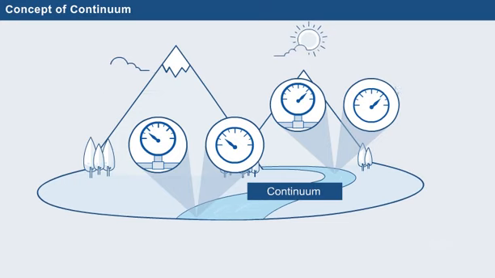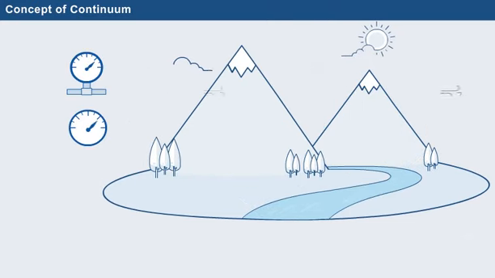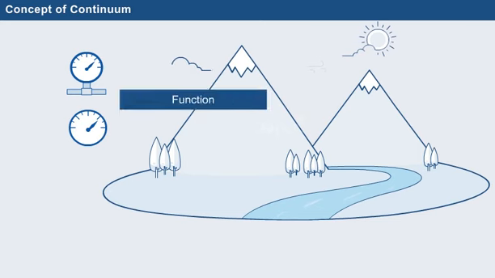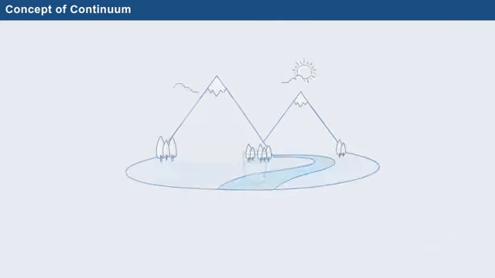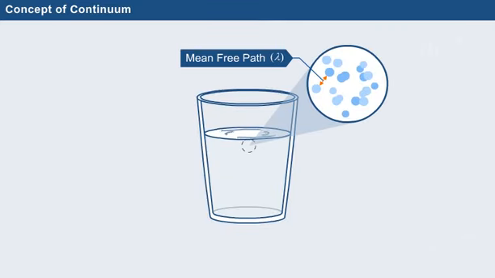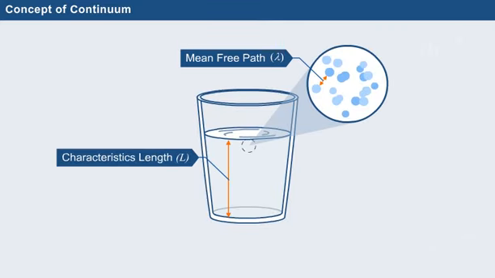Thus, the concept of a continuum is an idealization of the continuous picture of the fluid, where its properties are considered as a continuous function of space and time. The continuum of fluid is described by considering mean free path and characteristic length. The characteristic length is the length or breadth or height of the medium based on the fluid flow.